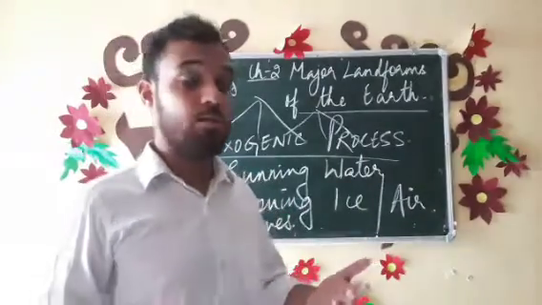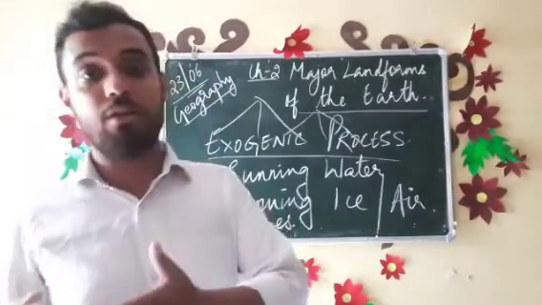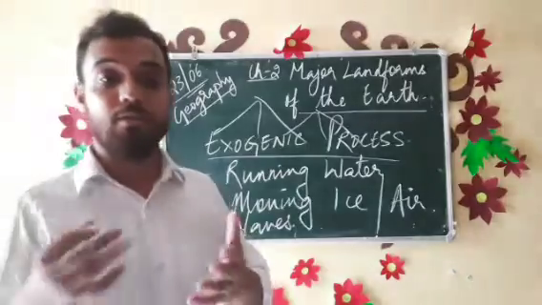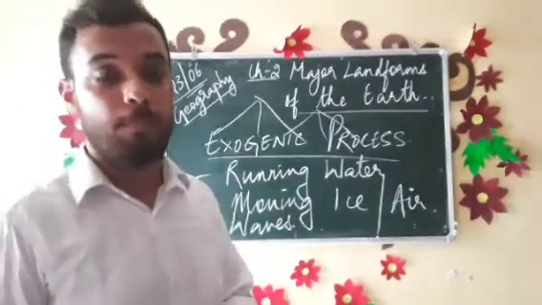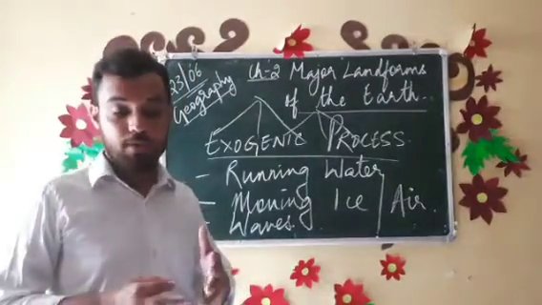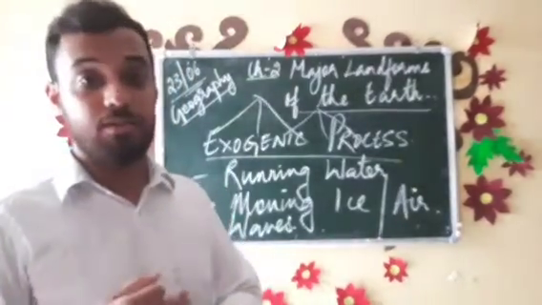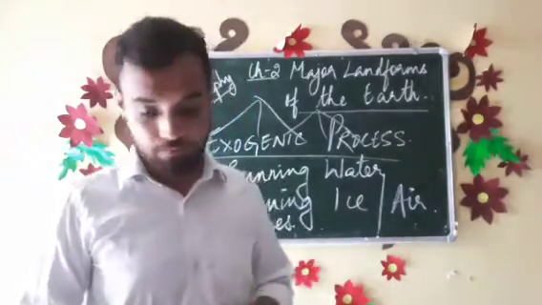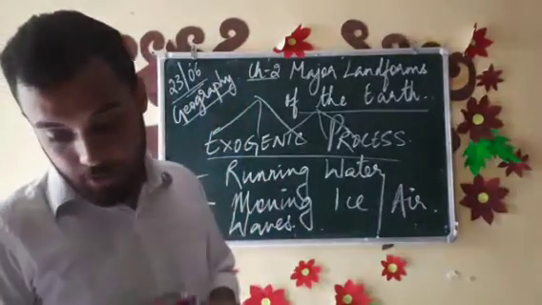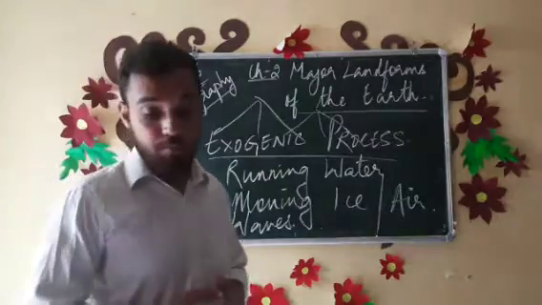Okay, what is a delta? A delta is an area where we have the sediments collected which are being carried by the river. Okay, so deposition means what is being carried by the river or air is being collected. Deposition of the weathered and eroded material.